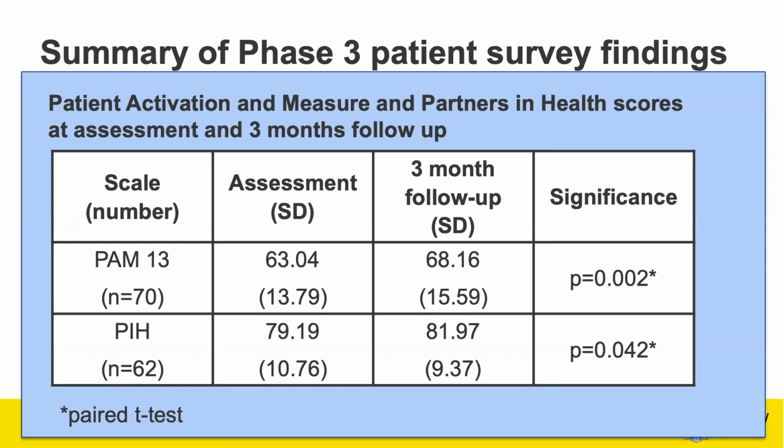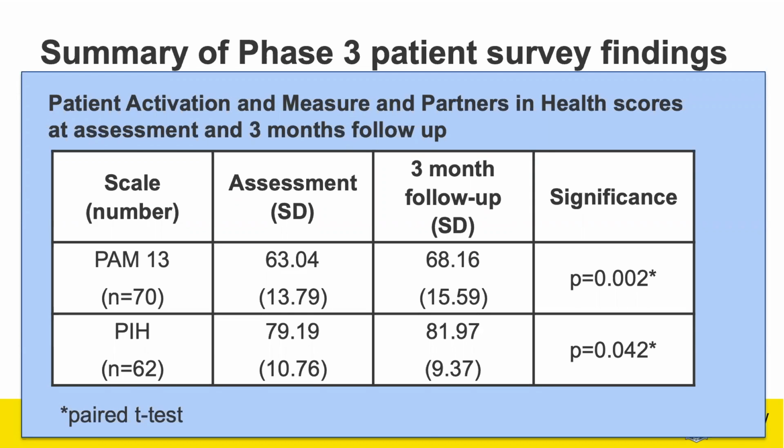But we also used a scale called Partners in Health, which looks at ability to engage in partnership with care teams about self-management and so on. This was developed in Flinders University and has been used to a certain extent, but not as widely as PAM. But it provides an alternate way of looking at this ability to be involved in your own care and self-management.